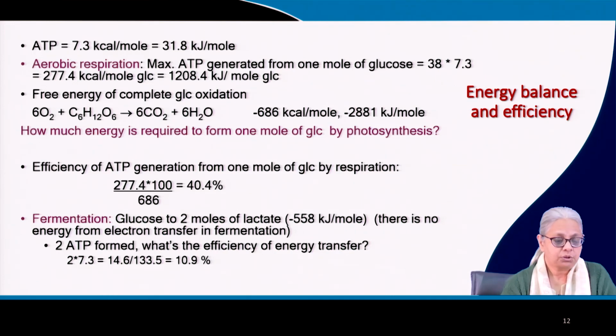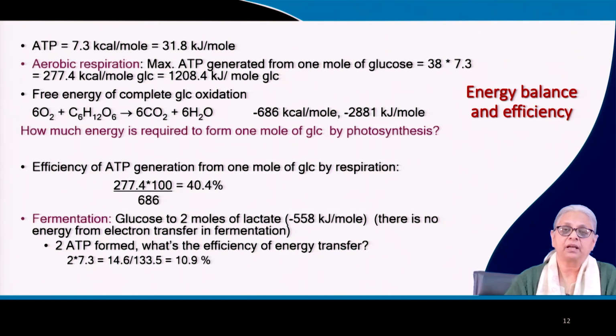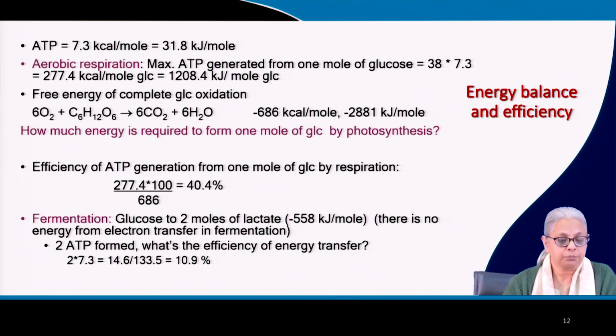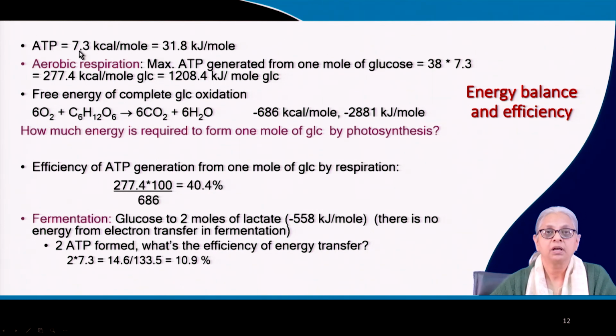Before we end this topic, we will do one more thing, and that is to understand the efficiency of the natural process. So 1 ATP we know is equivalent to 7.3 kilocalories per mole or 31.8 kilojoules per mole. In aerobic respiration, we have already seen that the maximum ATP that you can generate from 1 mole of glucose is 38 ATP, right? 38 moles of ATP per mole of glucose.